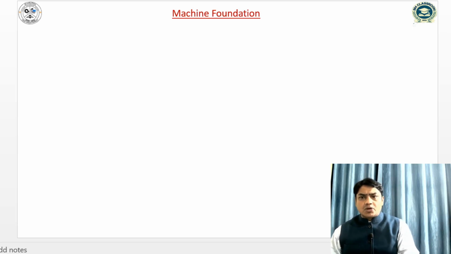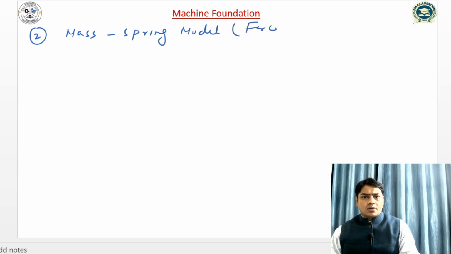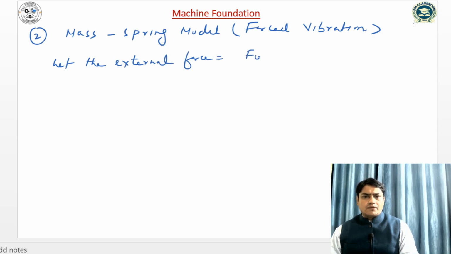So Mass-spring model in forced vibration. In forced vibration there will be an external force. Let the external force be equal to F naught sine omega t.